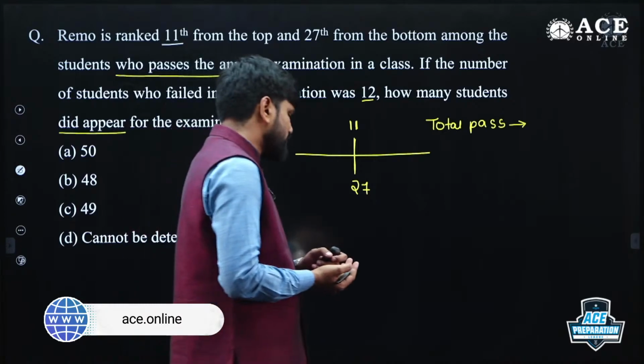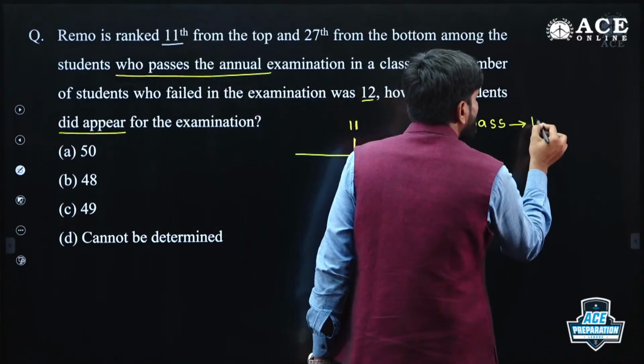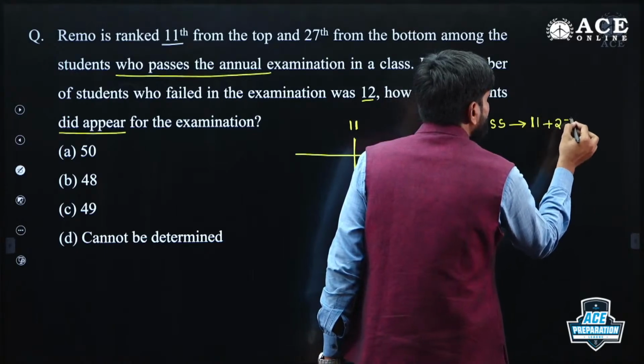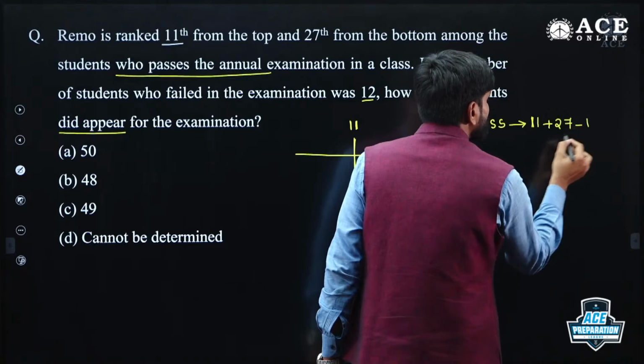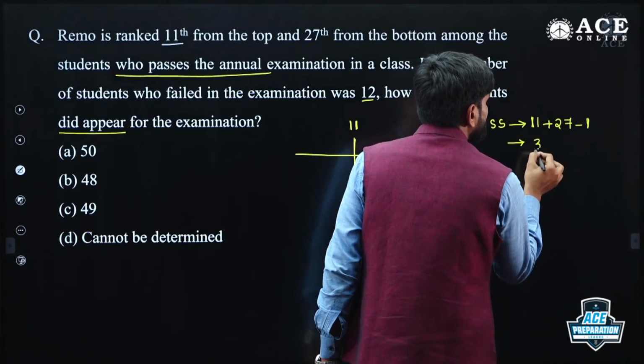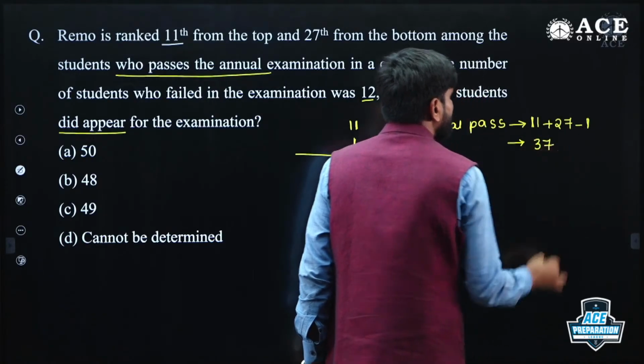So, the total number of candidates who have passed is given by 11 plus 27, left plus right, minus 1. 11 plus 27 minus 1, that should give you 38 minus 1, 37.